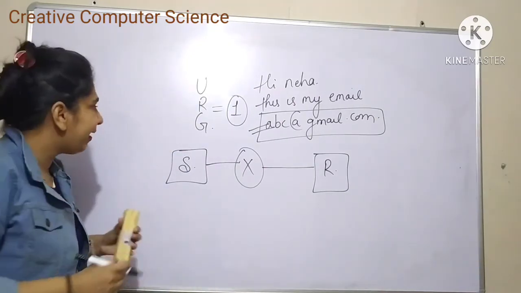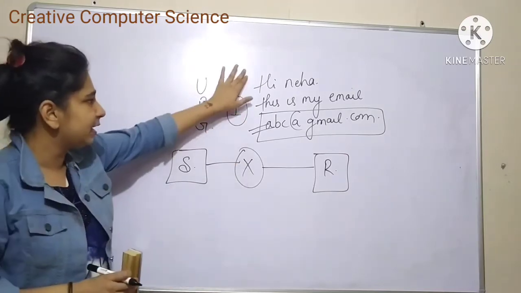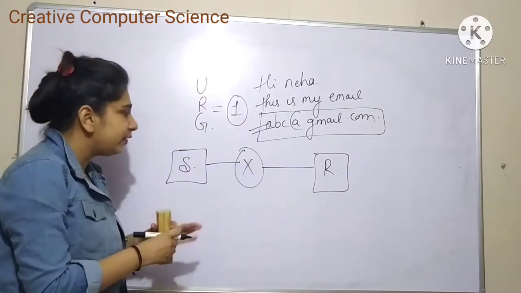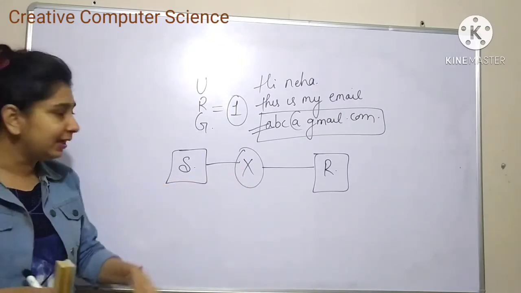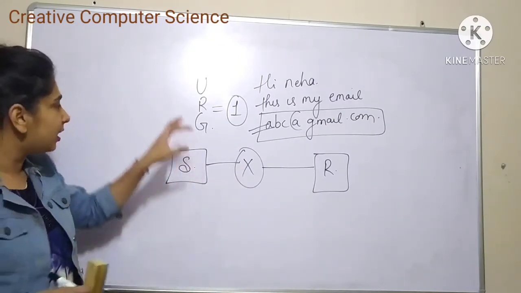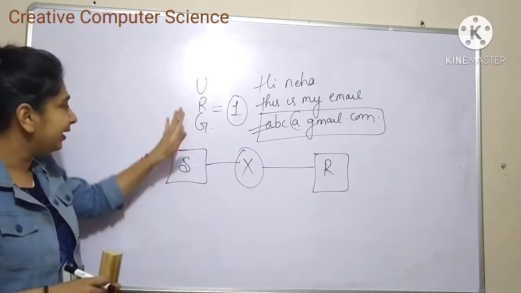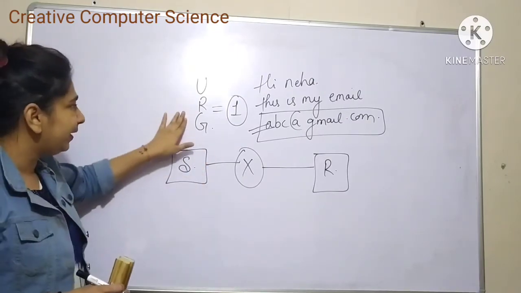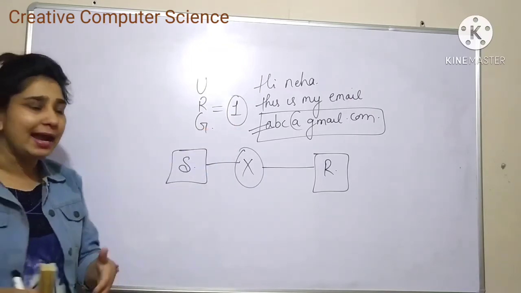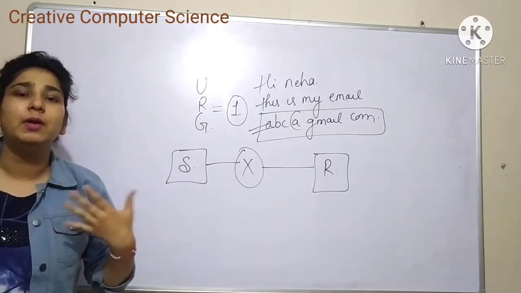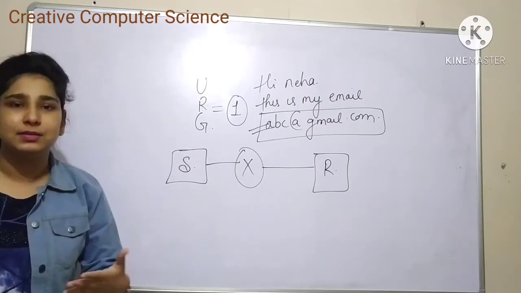Okay, so what would happen when this message or this mail reaches the router? What would the router firstly check? The router would check the urgent bit. It would check if the urgent bit is set to 1. Then the router would understand that there is some urgent data in the message.